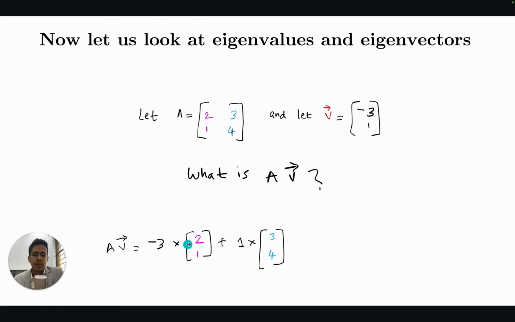And what is that? -6 plus 3, that is -3. And then the second one is -3 plus 4, which is 1. And what is this? This is 1 times v. So again, the vector v is just getting scaled by a factor of 1. So vector v is transformed into vector v itself. Nothing has happened to vector v other than the scaling factor being 1.